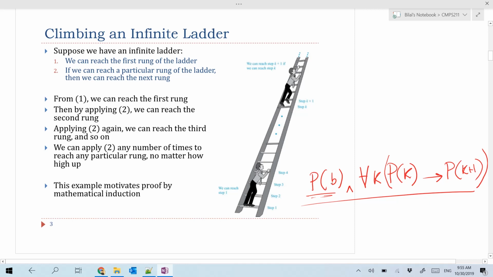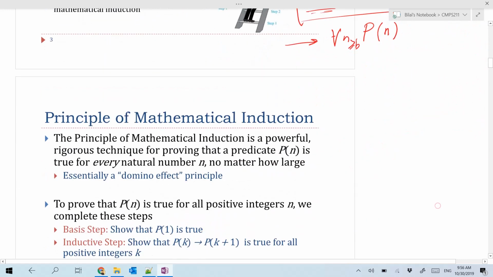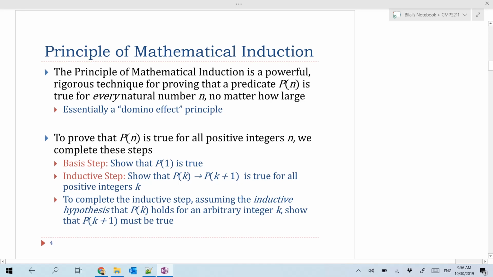Now, since the property is true for b plus 1, and given this rule, necessarily the property must be true for b plus 1 plus 1, I mean b plus 2, and hence necessarily true for b plus 3, and so on and so forth. So given this whole property, this implies logically that for every n such that n is greater than or equal to b, the property would be true for n. Okay, so this is the intuition behind induction, and it is stated here beautifully.